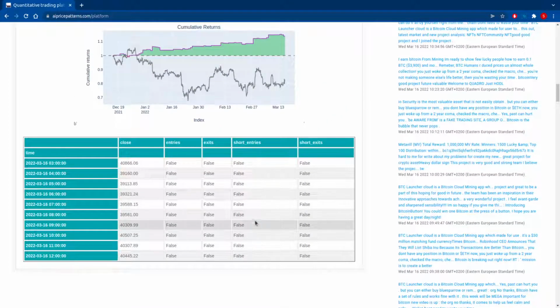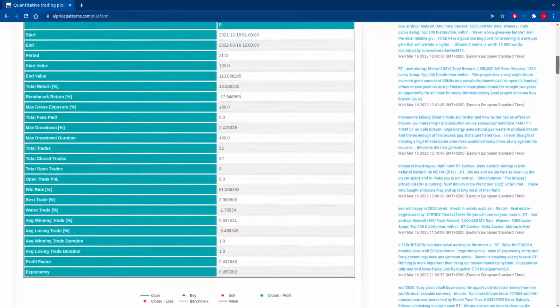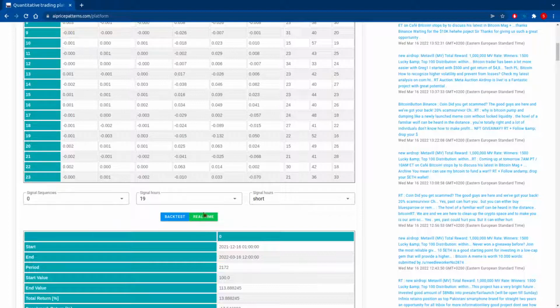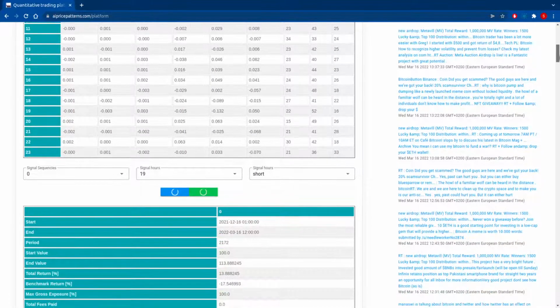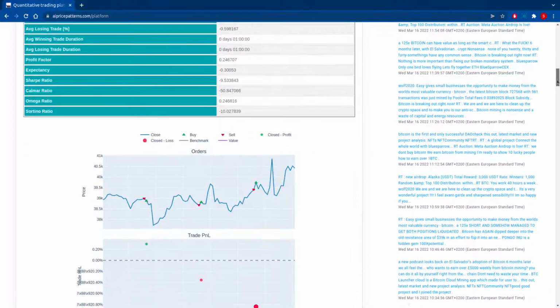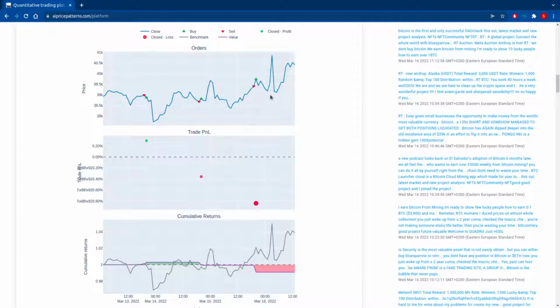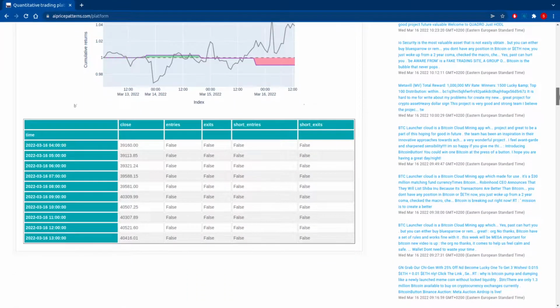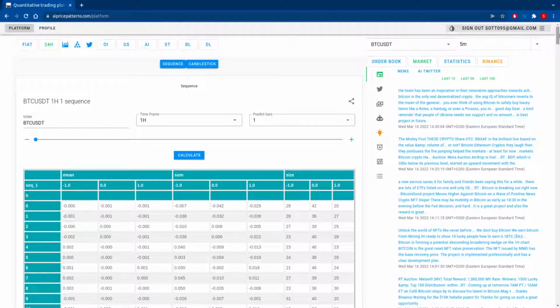This is the last trade, and we also, for example, click on real time. It means what the trade is for the last time, and you could analyze it. This is statistics, and these statistics could improve your trading.